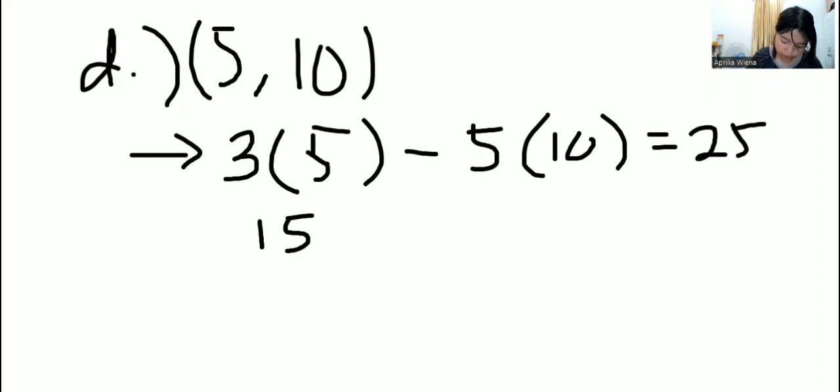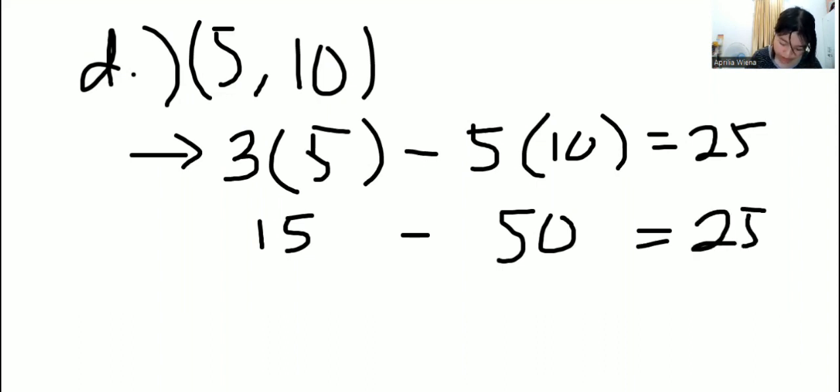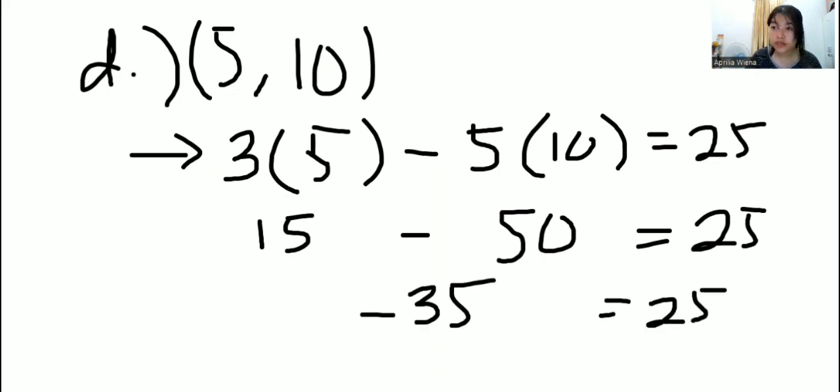So 3 times 5 is 15, and then 5 times 10 is 50, and so we have minus 35 equals 25. So the D is also not true, this point does not lie on the line. So we mark this as an X.